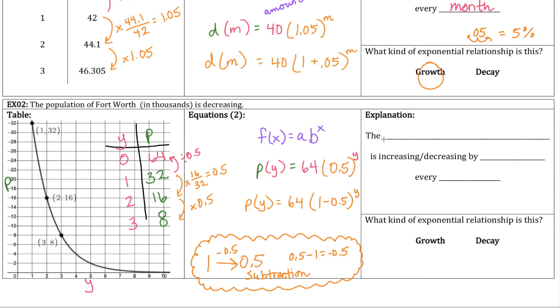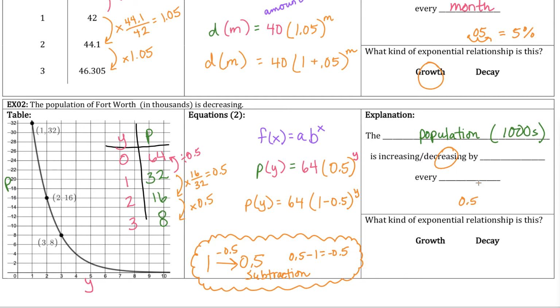All right, so we're talking about the population. The population in thousands, that's what it says, right? In thousands, we're not increasing. You can tell that we're decreasing. It's decreasing by 0.5, not 0.05.